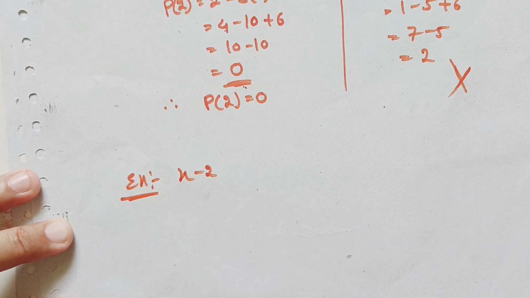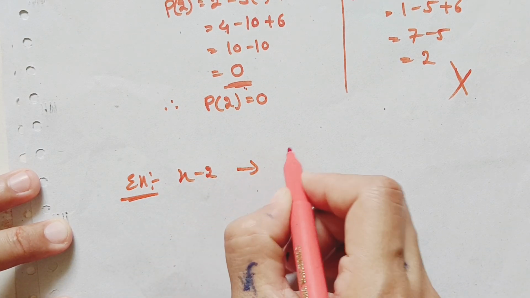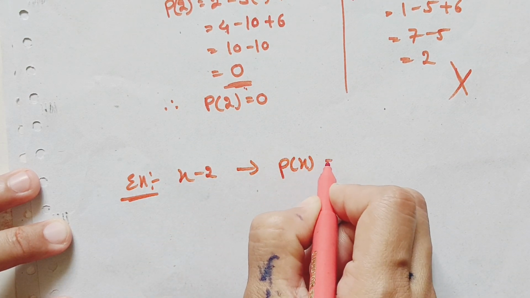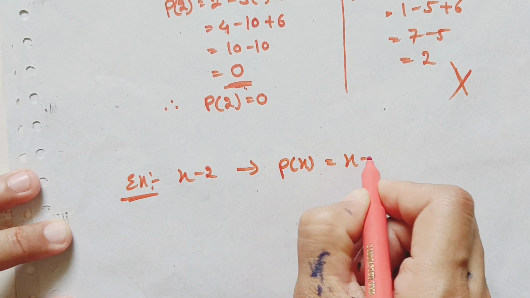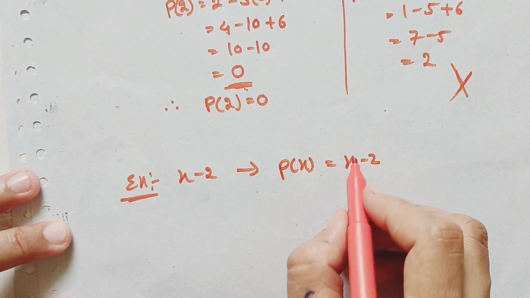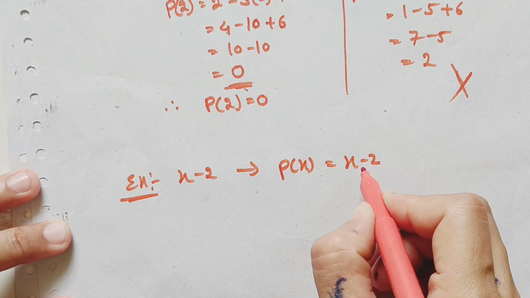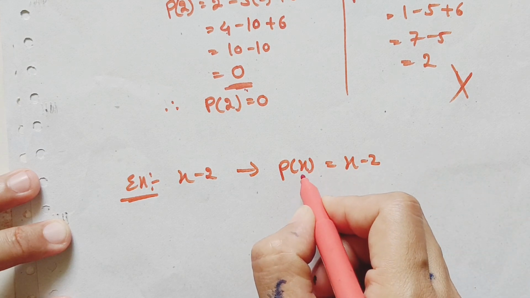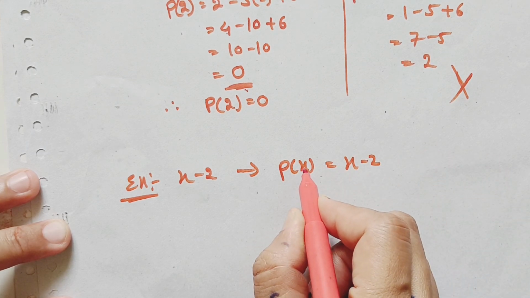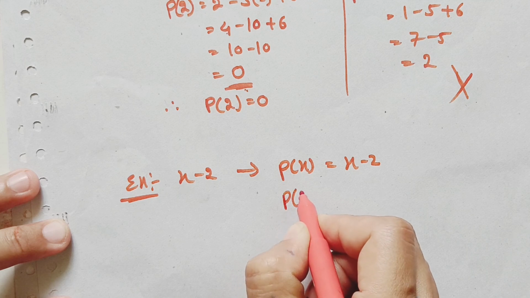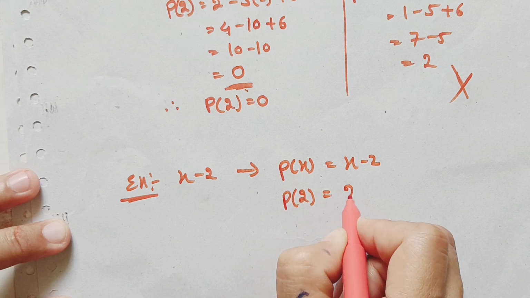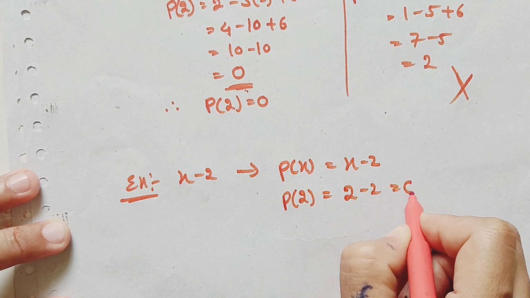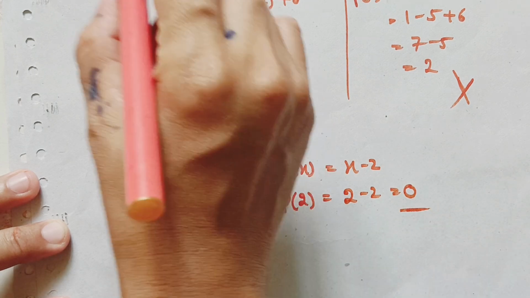Okay, now I'll take another example, x minus 2 is a polynomial, that is p of x equal to x minus 2. Now in the place of x I'm going to substitute a value. Let's take p of 2. That implies 2 minus 2, which is 0. So now I got the answer as 0.